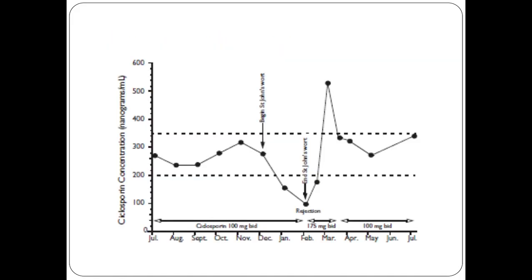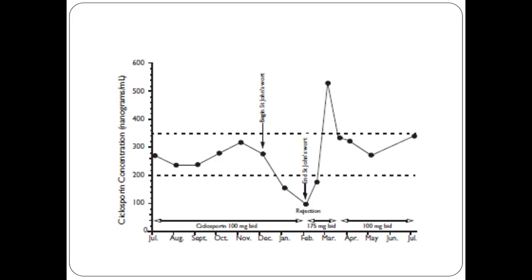a CYP3A4 inducer. So when it induces CYP3A4, there will be more metabolism of cyclosporine, and as cyclosporine is a substrate of CYP3A4, a CYP3A4 inducer leads to decreased effect of cyclosporine, with decreased concentration.